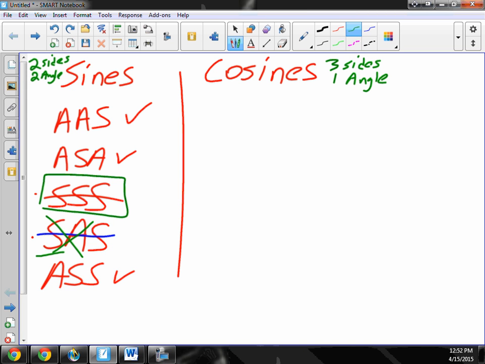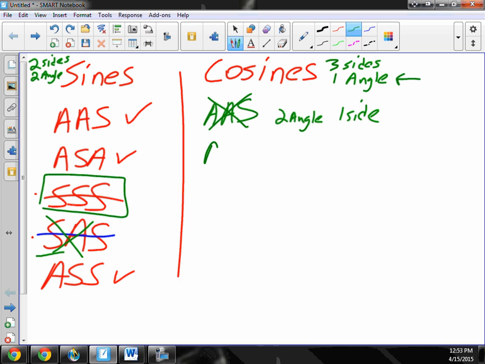Over here, law of cosines, will angle, angle, side work? No, because this has 2 angles and 1 side, and I'm only allowed to use one of those angles and one of the sides, so this one is a no.